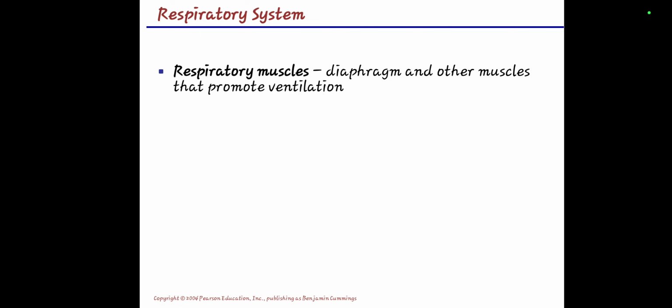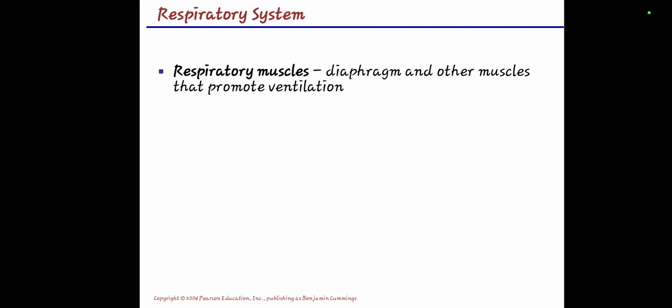So what happens in these three respiratory muscles? Each group acts on the chest wall and its compartments. The lung opposes the rib cage, and the diaphragm opposes the rib cage to the abdomen. So that is the connection between the three muscles. Basically, these three muscles just promote ventilation. What do we mean by ventilation?